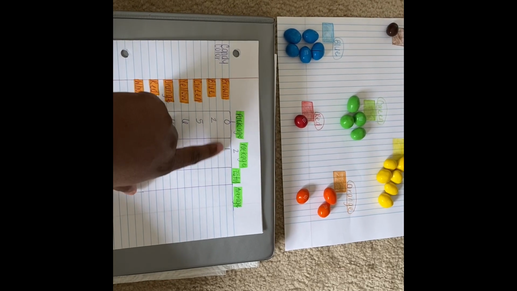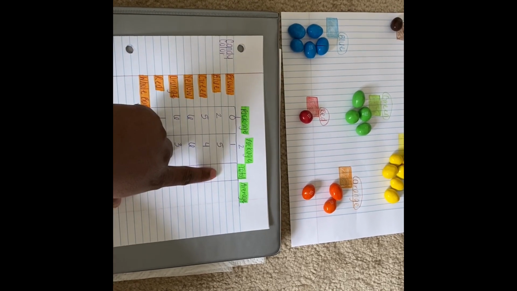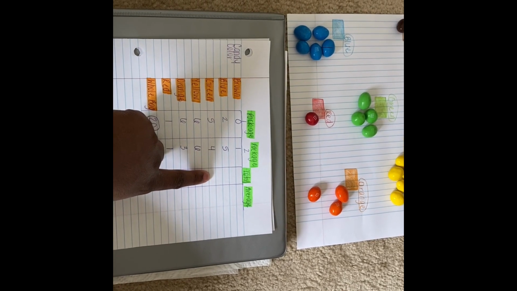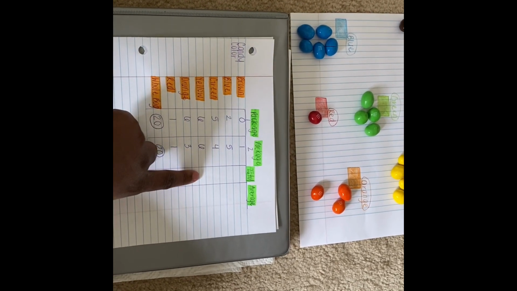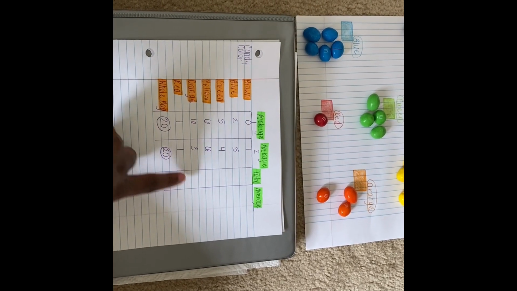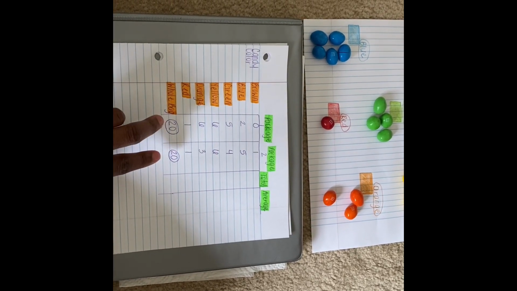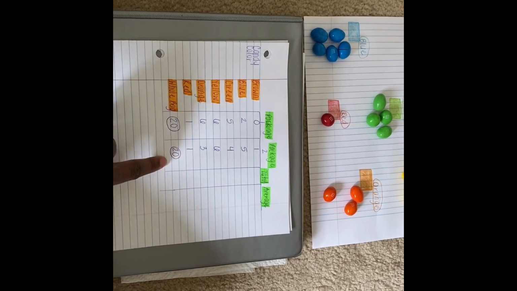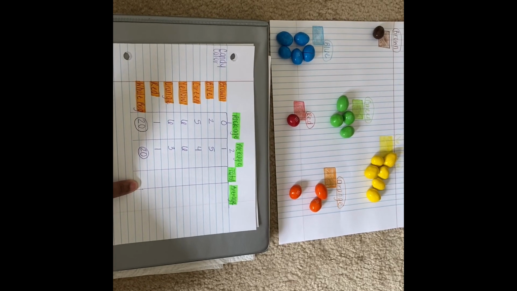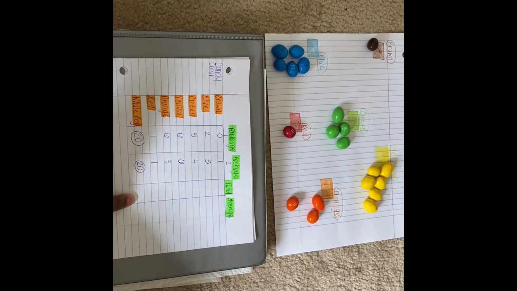There is 1 brown, so we'll write 1 right there. 5 plus 2 equals 7 blue. 5 plus 4 equals 9 green. 6 plus 6 equals 12 yellow. 6 plus 3 equals 9 orange. 1 plus 1 equals 2 red. For the entire bag for both packages, 20 plus 20 equals 40. Now, when you do yours, the numbers will be just a tad bit different because, again, we are checking the frequency of the packages. So no numbers will be the same.